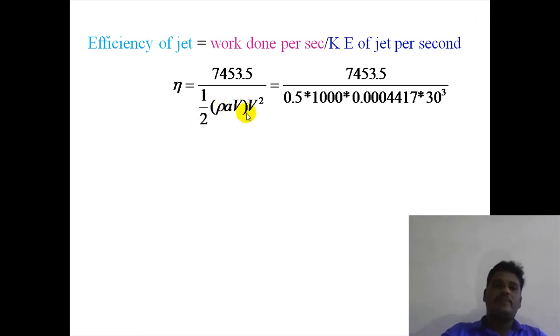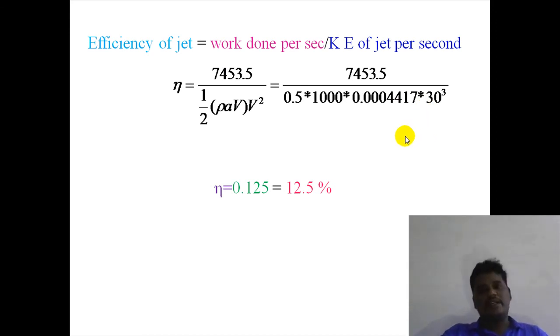The work done is 7453.5, divided by half, 0.5, rho 1000, area 0.004417, multiplied with v into v square, which becomes v cube, that is 30 cube. Using the calculator, we get efficiency eta equal to 0.125, that is 12.5%.